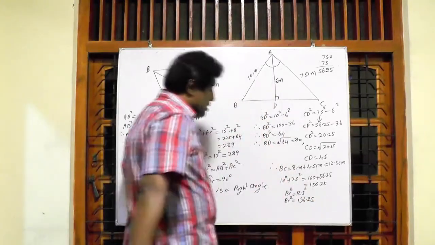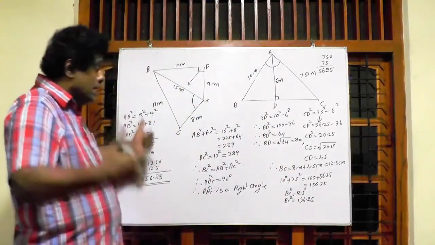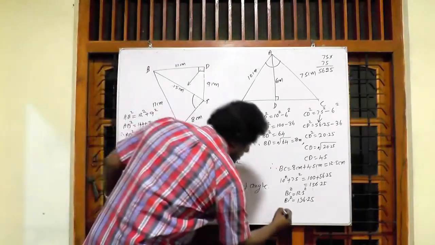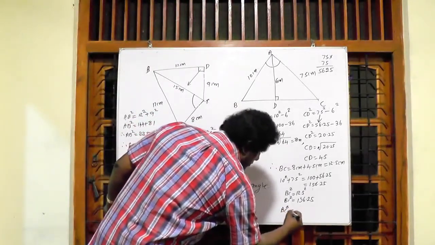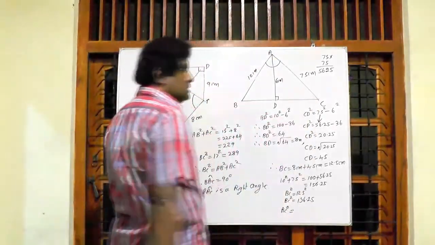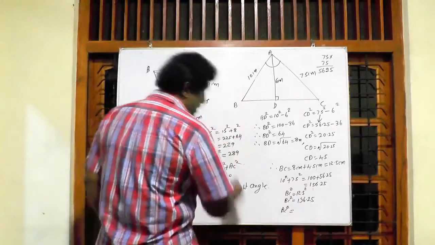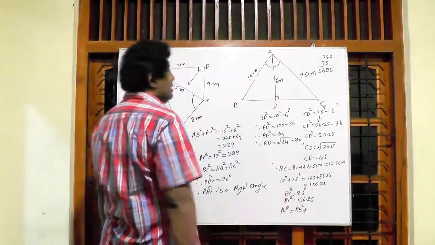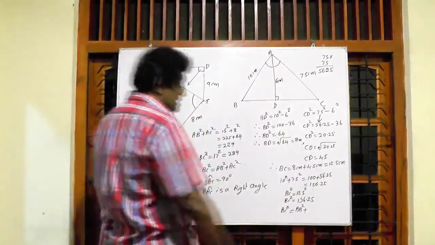BC squared is 156.25. Then can we get a new relation? Yes. What is it? BC squared equals 10 squared plus 7.5 squared. 10 squared is AB squared plus 7.5 squared is AC squared.